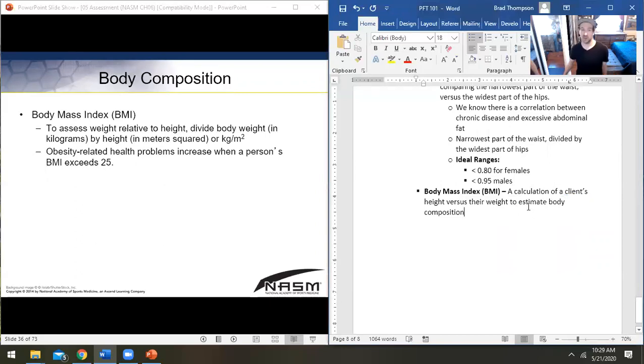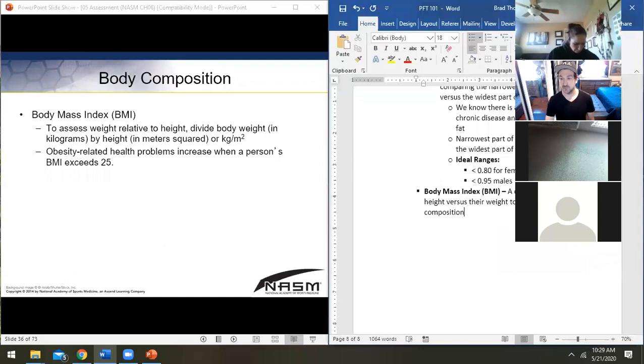You do want to use kilograms and meters squared in the original formula. This is the formula you want to know. They love to ask this question.